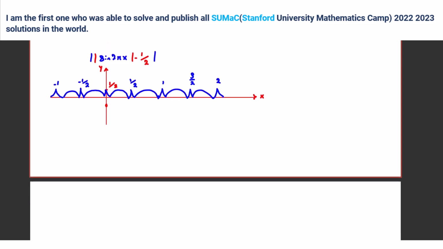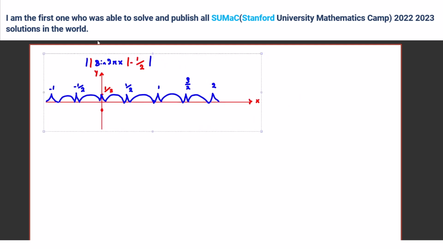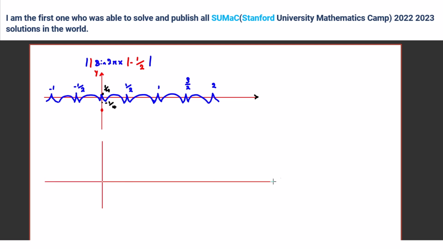So for considering -1/4, let's see what happens. -1/4 would be something like this, right? And this point now is 1/4, and this point is -1/4, right? Agreed? Yes.